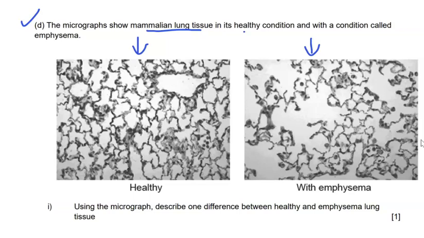You can see that clearly the alveoli spaces here are much larger than the ones over here, and that would tend to suggest that you have a large surface area here, you've got a reduced surface area here, and that must be making you think about the efficiency of gas exchange.